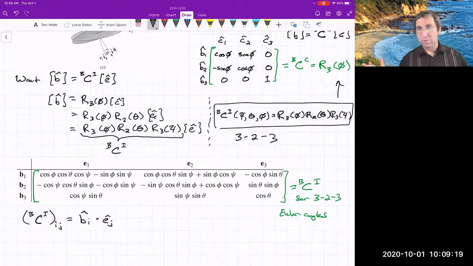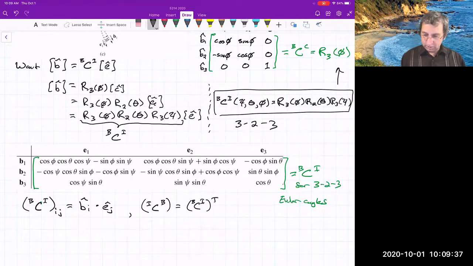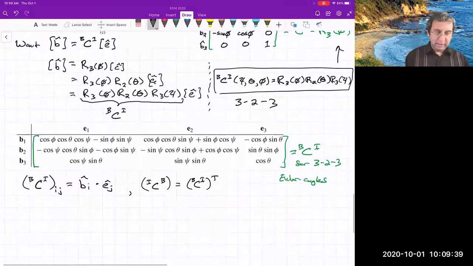It's the dot product of those two unit vectors. And if I wanted to go the reverse, so from the B frame to the I frame, that equals CIB transpose.